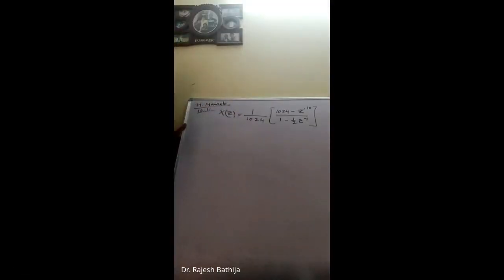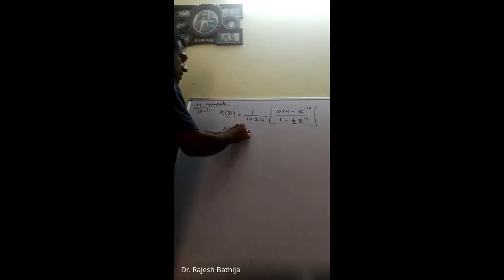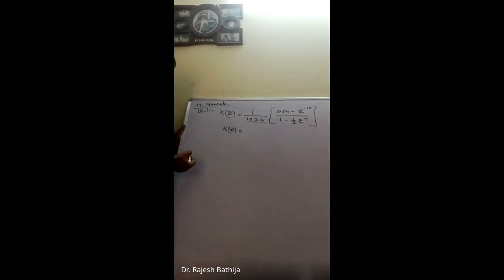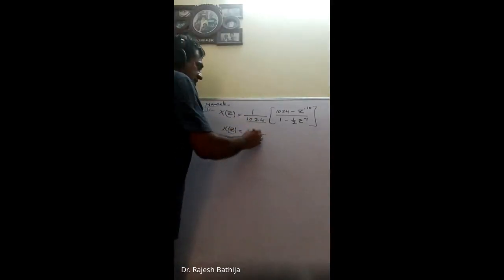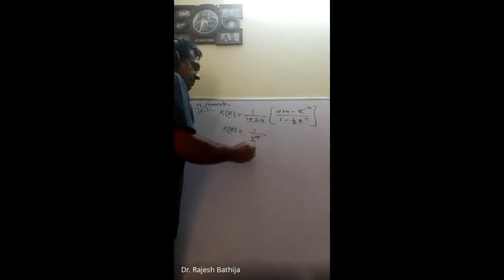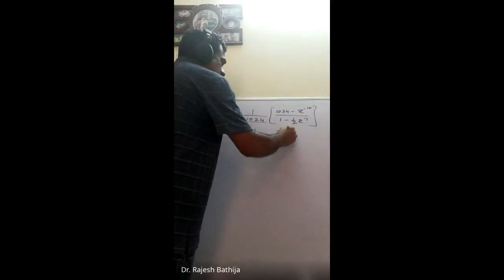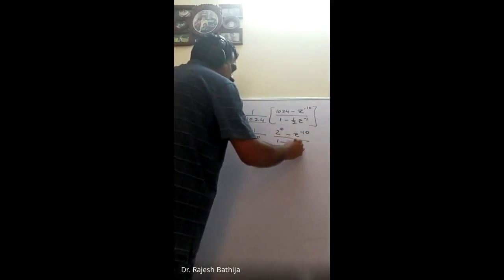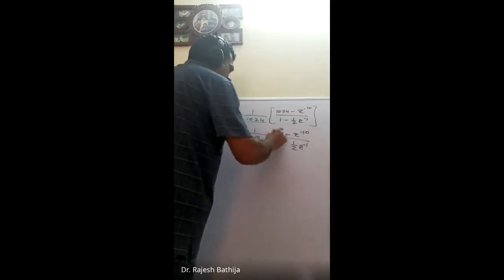X of z is given as this. Now I will write x of z in this form. Here it is 1024, which is nothing but 2 to the power 10. So it is 2 to the power 10 minus z to the power minus 10 over 1 minus half z inverse.